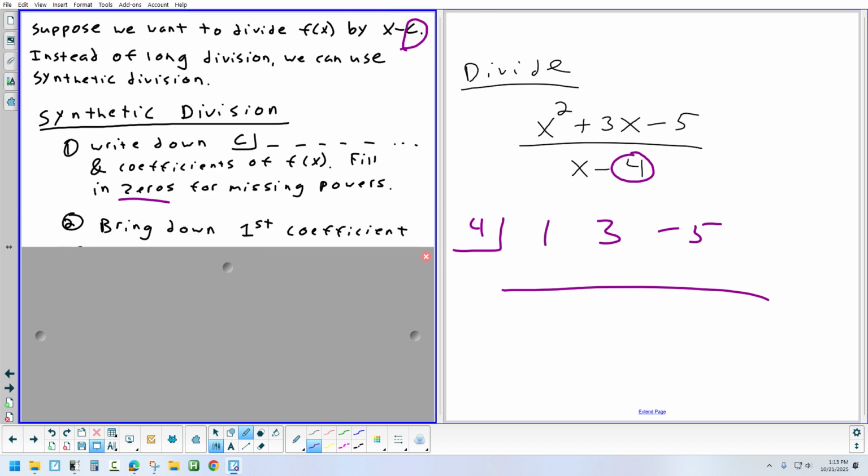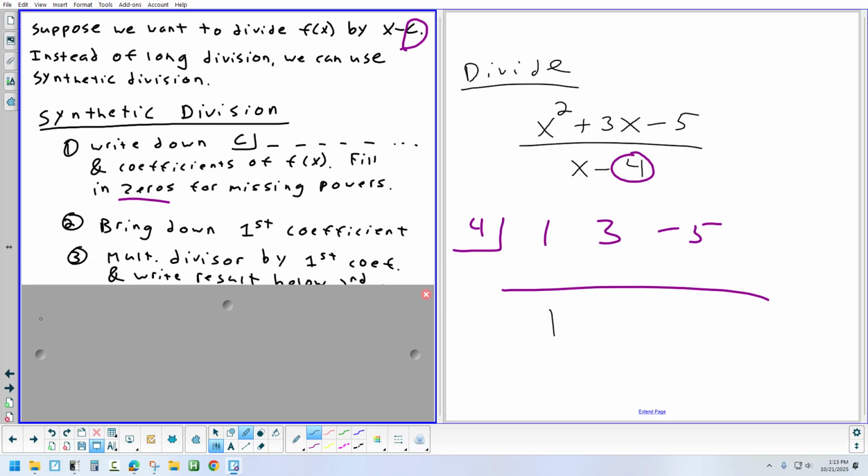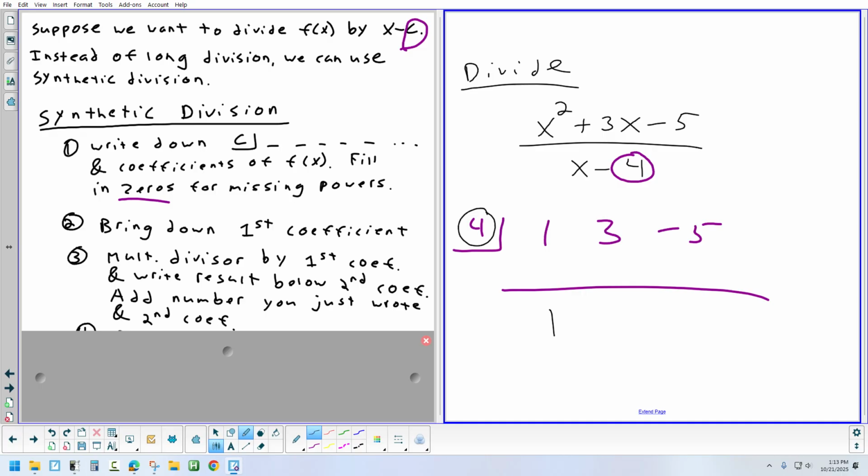Okay, bring down the first coefficient. Just like that. So bring down the 1. Next step. You're going to multiply the divisor, which is my 4, times the number that I just brought down, which is 1.